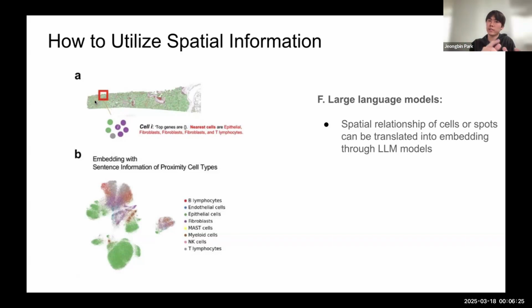In such a case, that spatial niche can be interpreted as a fibroblast enriched environment, isn't it? That type of information can be input into large language models, and those features can identify the spatial niche, and it can also be visualized with UMAP visualization as follows.